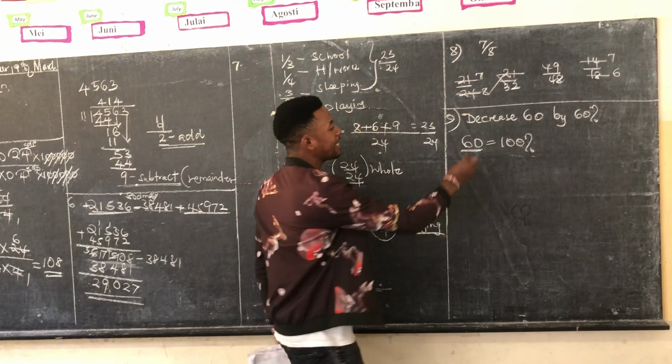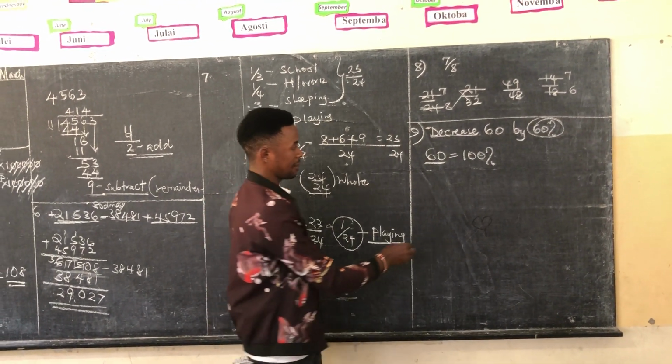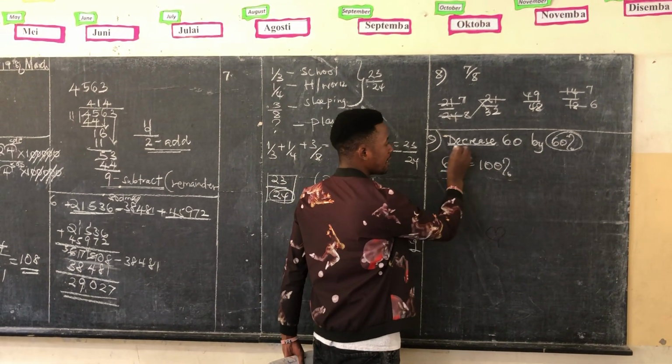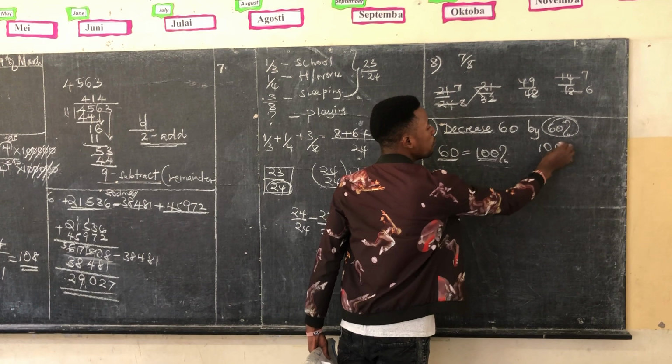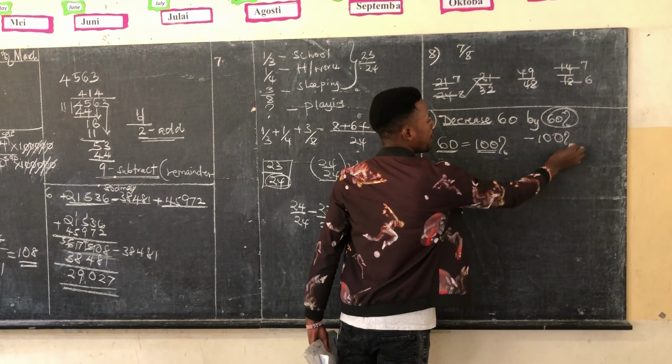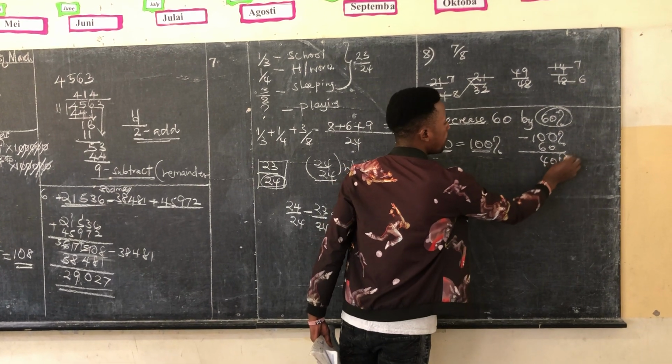Now we are decreasing it by 60%. So if we decrease 60, which is 100%, by 60%, that means our new percentage will be 100% minus 60%, which gives you 40%.